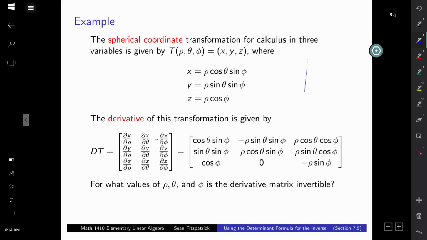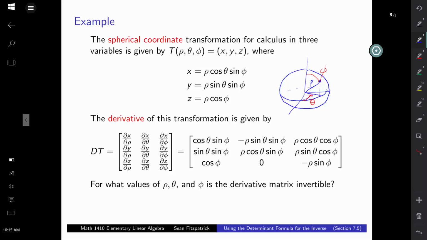You've got a point located on a sphere of radius rho, and you've got 2 angles: an angle theta down there, and an angle phi up there. Not important. I'm not going to ask you about spherical coordinates, but this is a change of variables that can be very useful in a lot of integration problems.